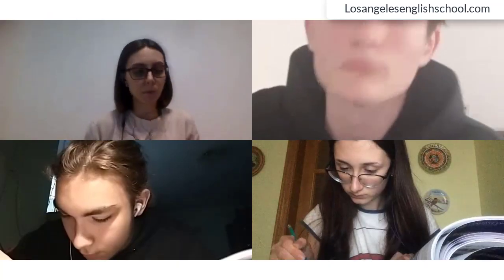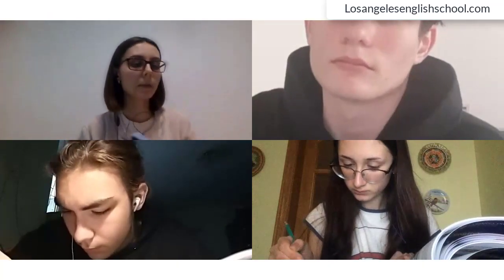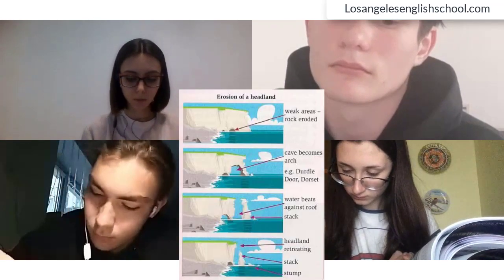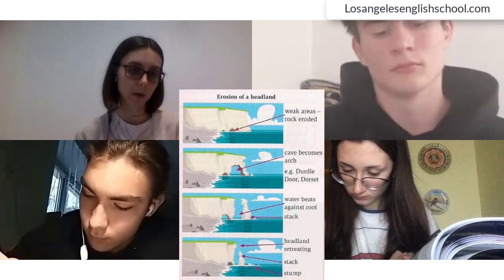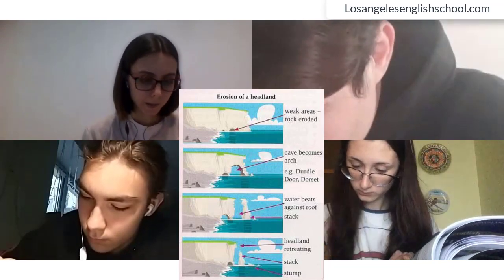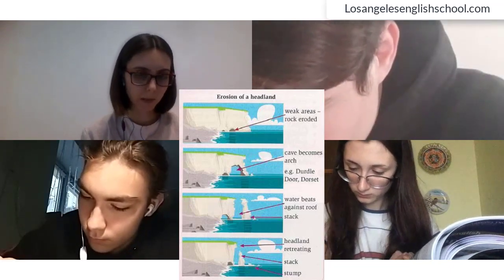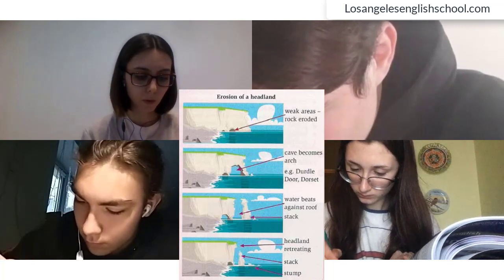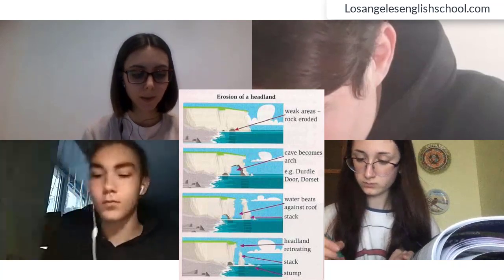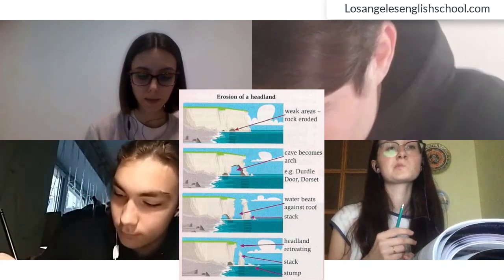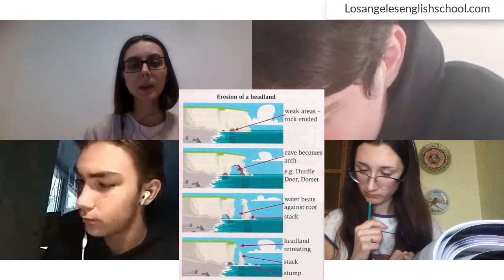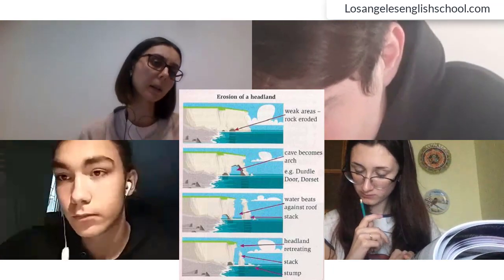In your students' book, you have a very interesting picture, and I'd like you to take a look at page number 61, exercise 6. You can see 4 different stages. This is erosion of a headland. Headland is the same as cliff.